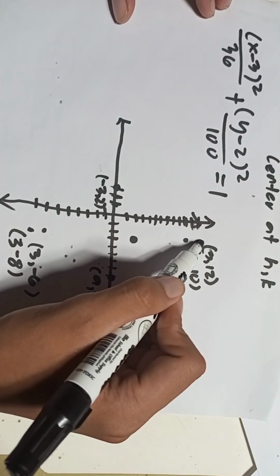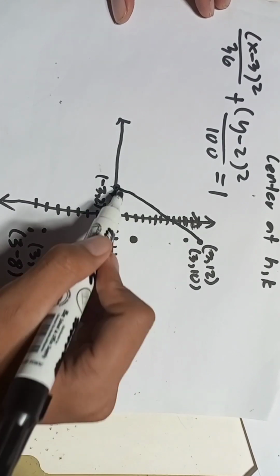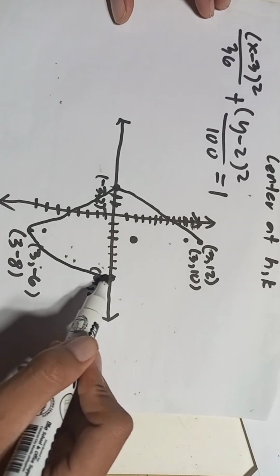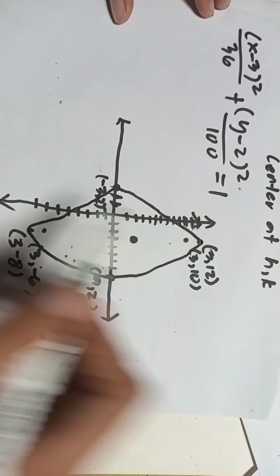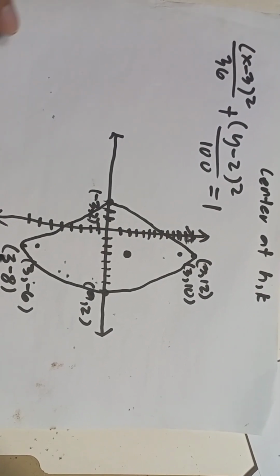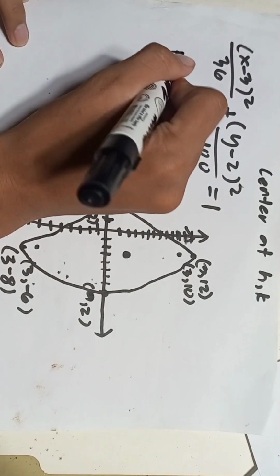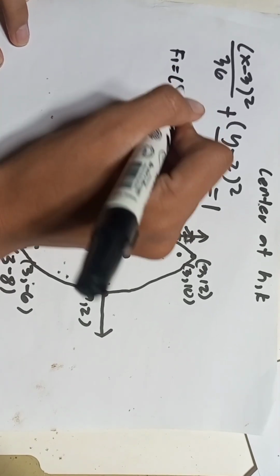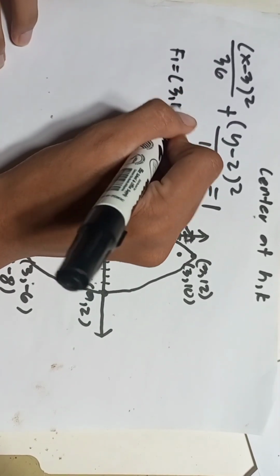Just like that. So our F sub 1 is equivalent to 3 and 10.